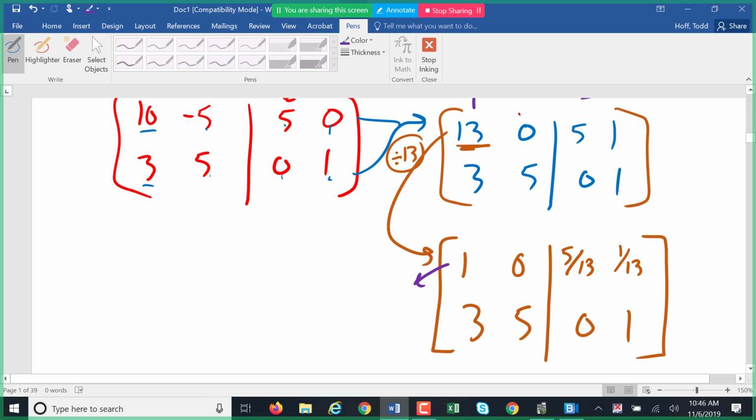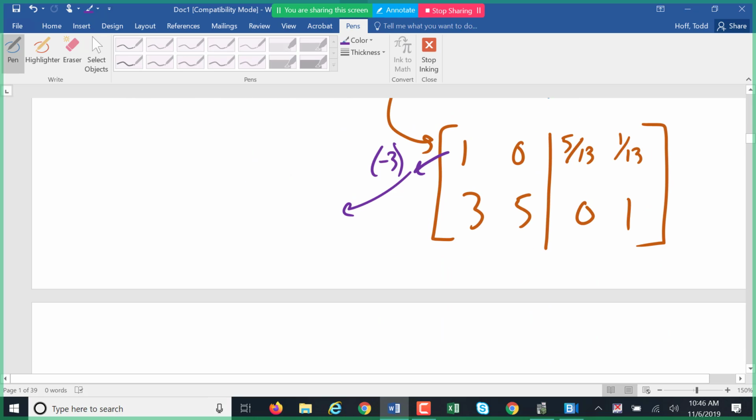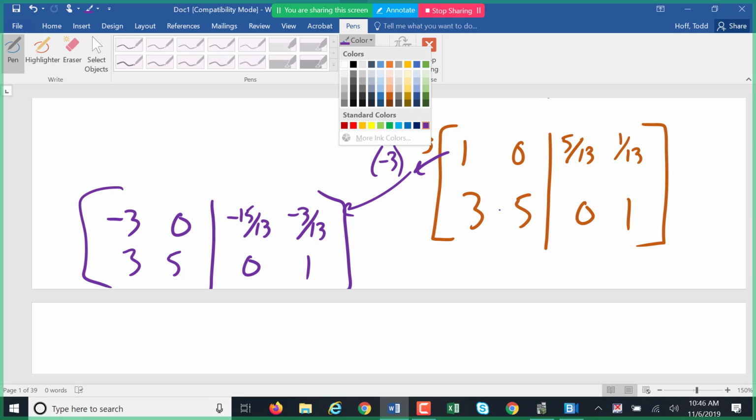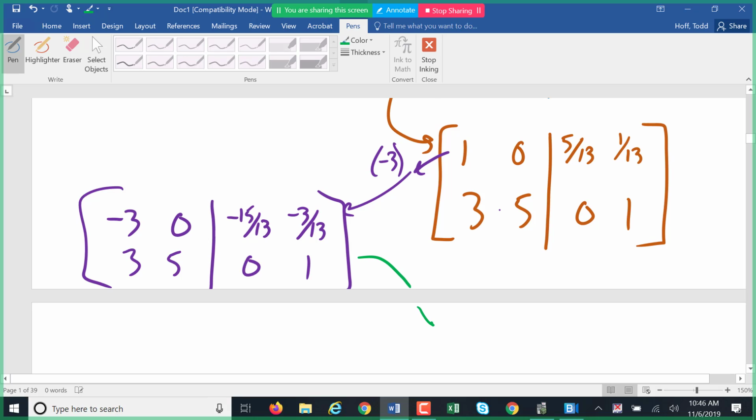I'm going to multiply this top row by a negative 3. That's going to give me negative 3, 0, augmented with a negative 15/13 and a negative 3/13. My bottom row is not going to change right now. So I'm going to combine those 2 rows and replace the bottom row.